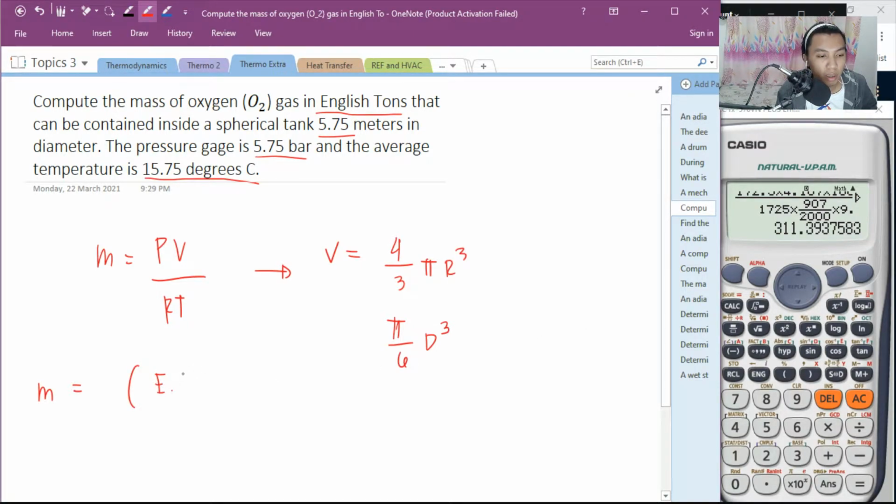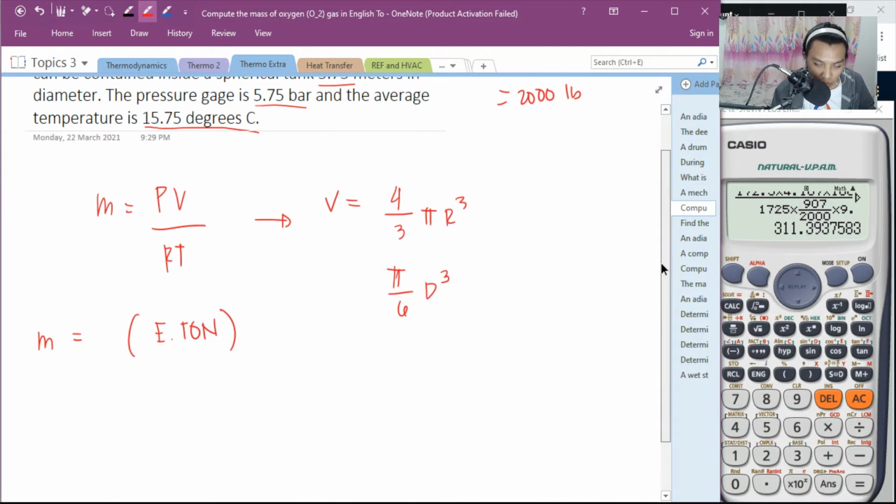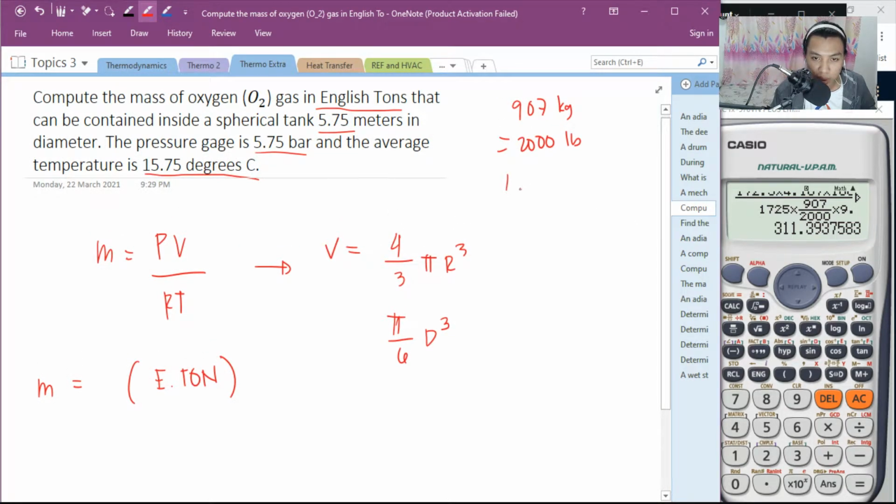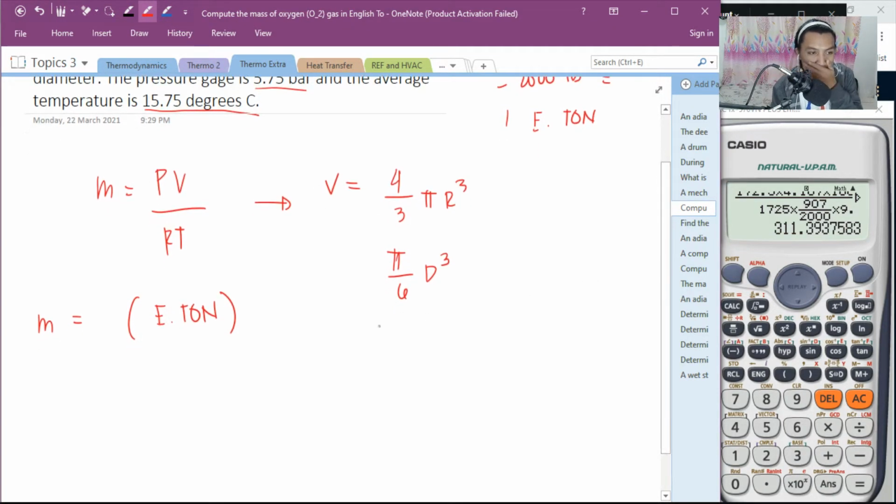So, mass in a ton. English ton, ibig sabihin 907 kilogram equal to 2,000 pounds. 1 English ton, equal yan sa 2,000 pounds. So, the mass, P, the pressure gauge is 5.75 bar.